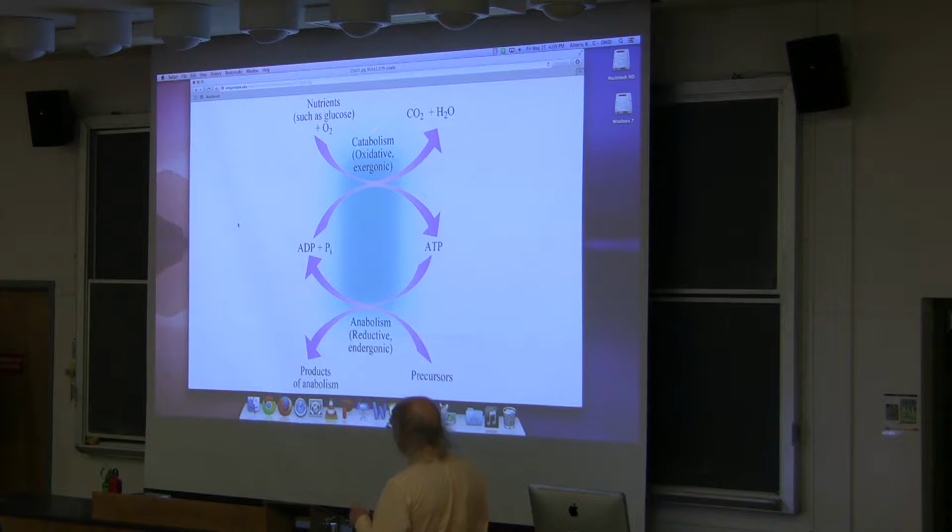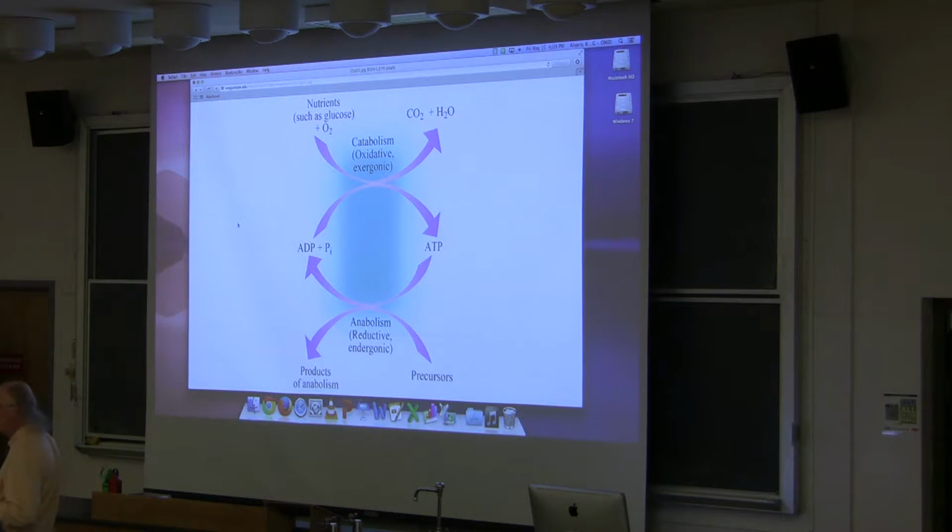And the energy of that release in the form of catabolism is captured by the cell in the form of chemical potential energy in the form of ATP. ATP then can be broken back down into ADP, and that energy of that release is then used to drive the synthesis of cellular macromolecules like proteins, like DNA, like RNA, and like carbohydrates and fats. And that takes energy to do that. So we have to eat up here so that we have nutrients to produce the ATP to make the things that we want down here.